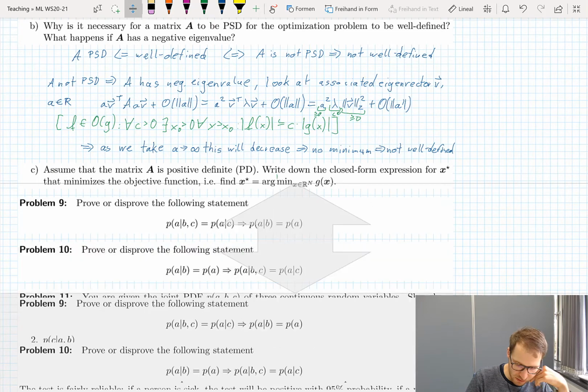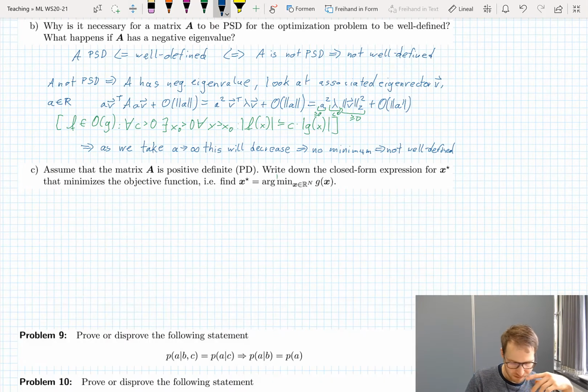I mean, we've done the same thing for a scalar earlier, but usually in machine learning you don't have scalars, you have vectors. And usually in machine learning you're interested in minimizing the loss function. So usually what the problem boils down to is exactly this. Usually you don't look at it with respect to x, but with respect to your weights w.